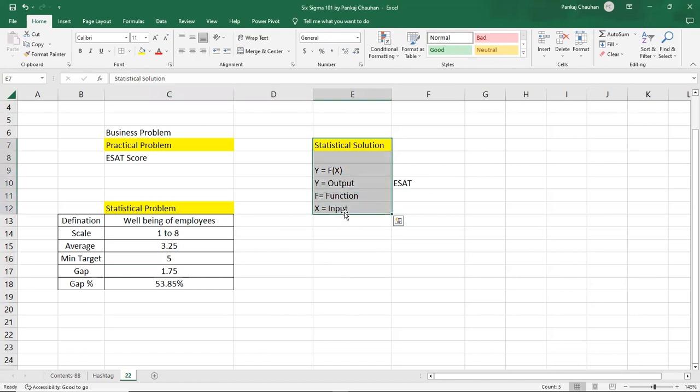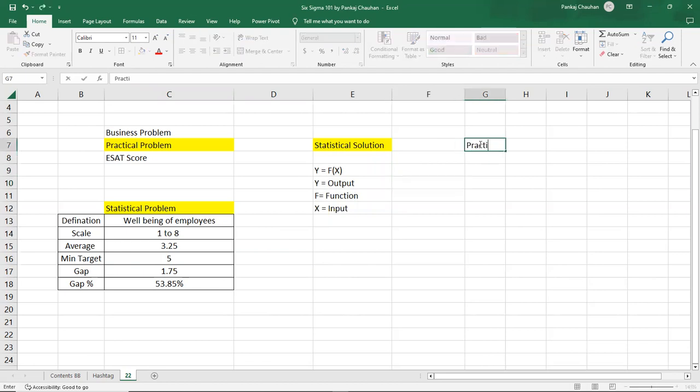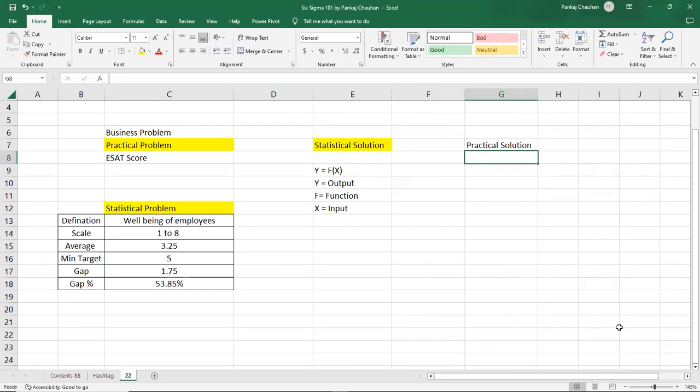So whatever the X values you are trying to identify, once you implement all those practically, that will become your practical solution. So what will you do as a practical solution? Okay, let's say employees are complaining about the recreation. So develop a recreation room.